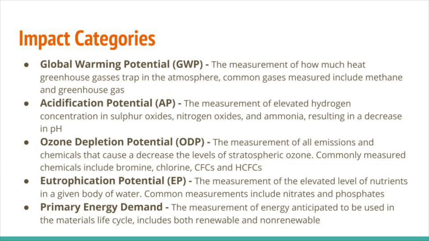Ozone depletion potential, ODP, is the measurement of emissions and chemicals. Another one is EP, the level of nutrients in a given body of water. Primary energy demand is the measurement of energy demand of the product. It is an important one. By using software, we can analyze and calculate those impact categories.